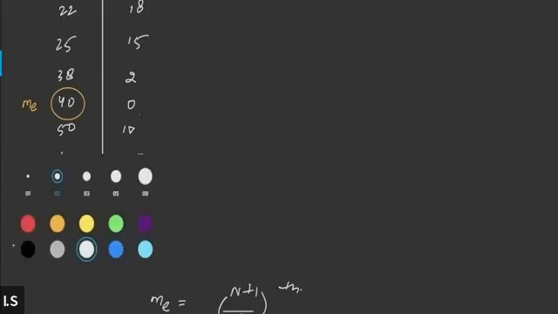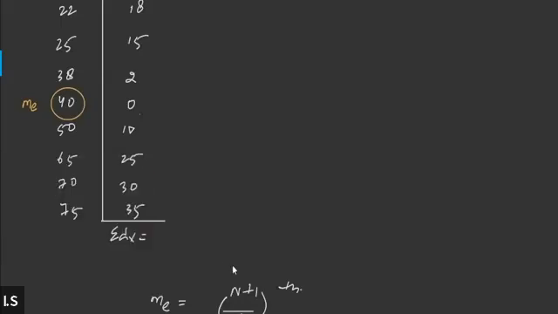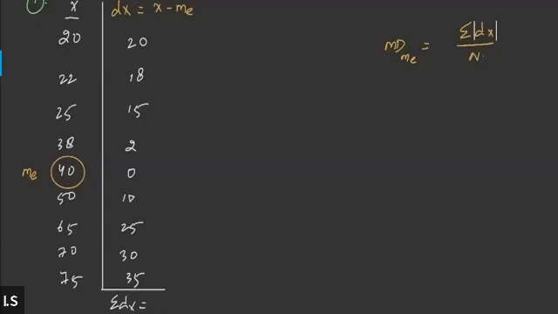So sigma dx will be, let's total it: 20 plus 18 plus 15 plus 2 plus 10 plus 25 plus 30 plus 35. So it should be 155. We will take 155 divided by the number of items.